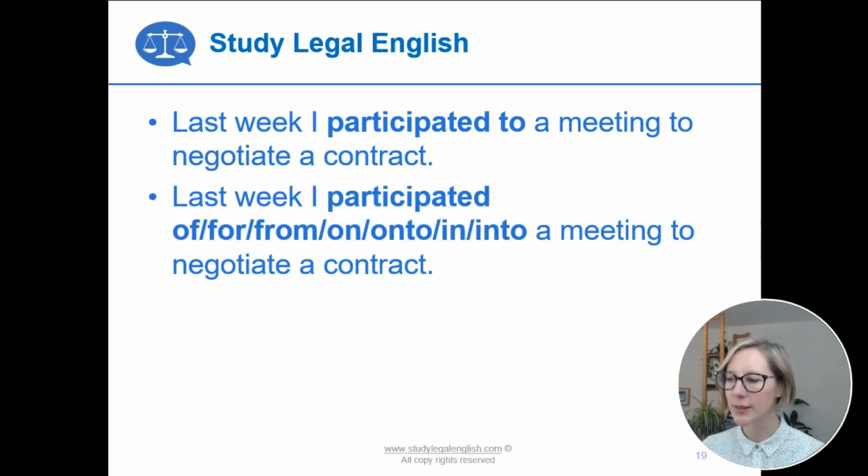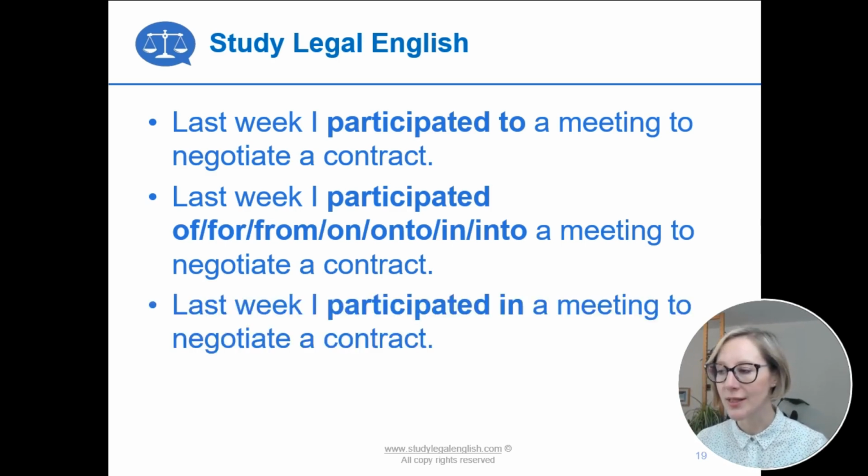Last week, I participated of, for, from, on, onto, in, into a meeting to negotiate a contract. 3, 2, 1. The correct answer is last week I participated in a meeting to negotiate a contract.